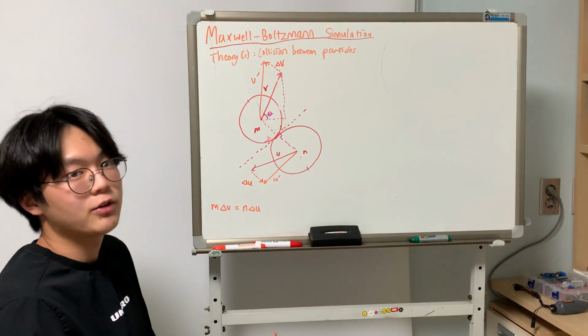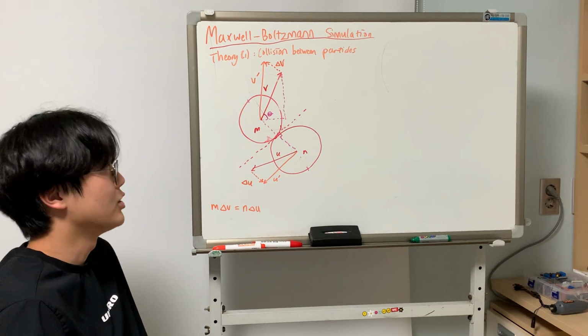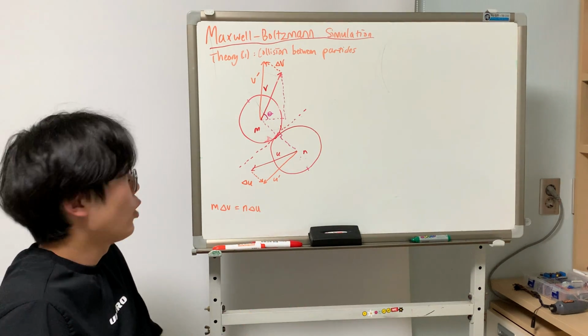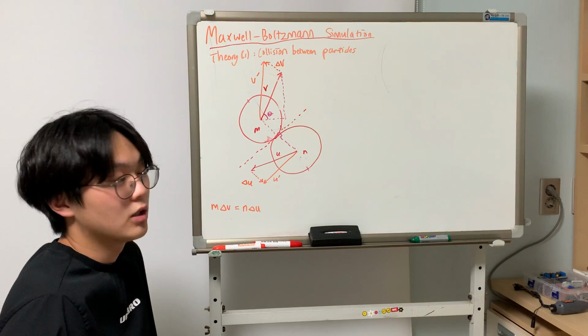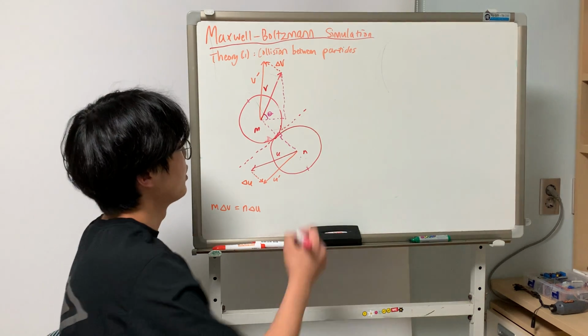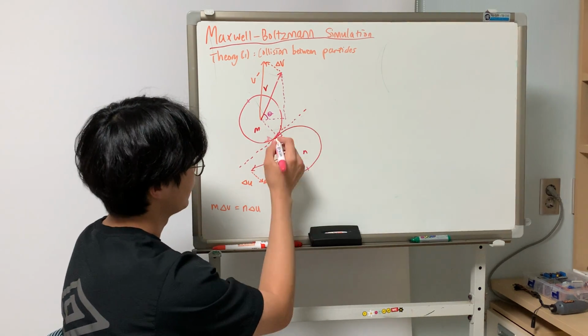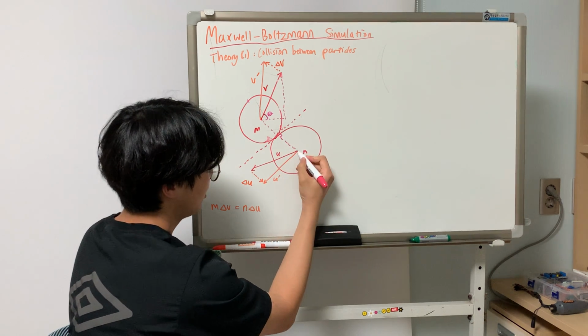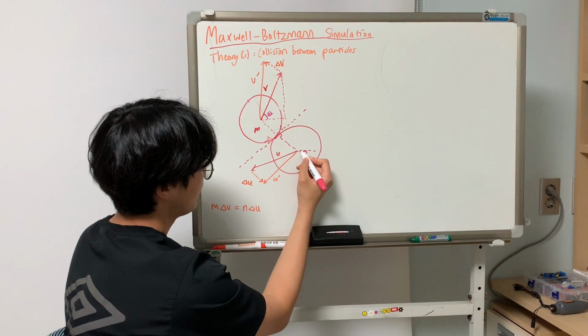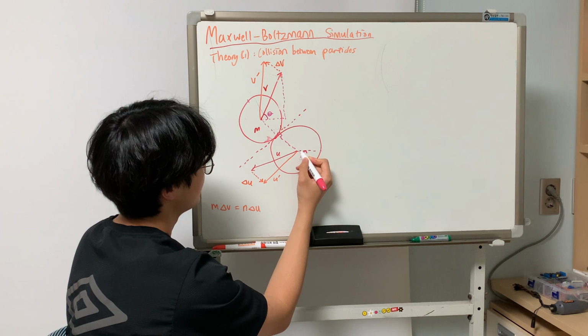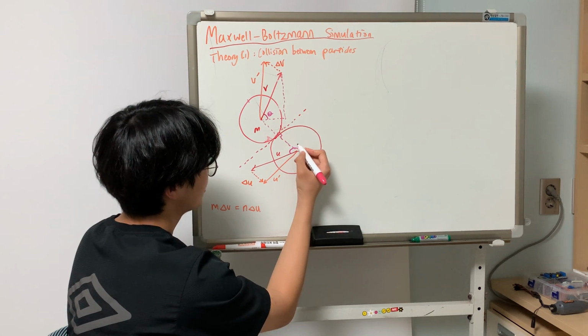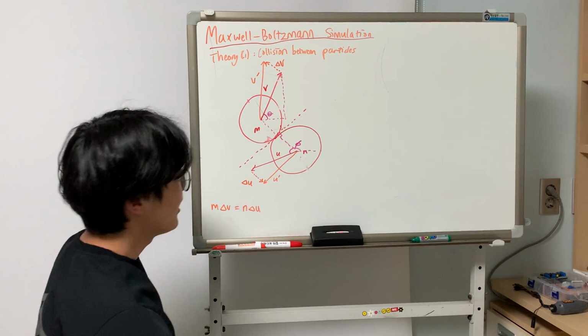I'm assuming that we know everything about the initial state of the particles, so I'm going to say that theta is a known constant. And the same goes for this object here. We know this angle, which is going to be in that direction, and that's going to be, say, phi.